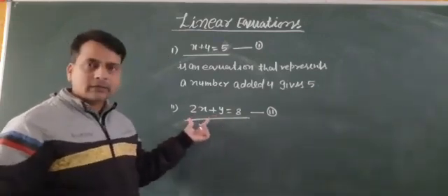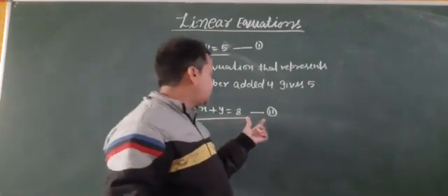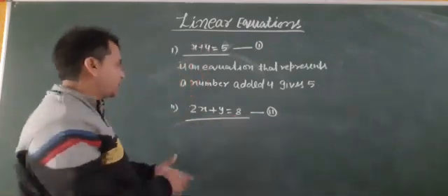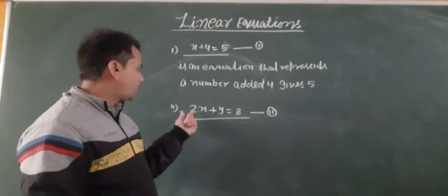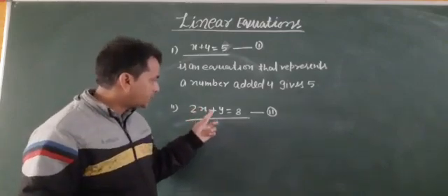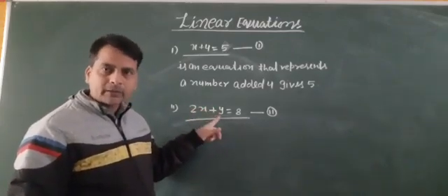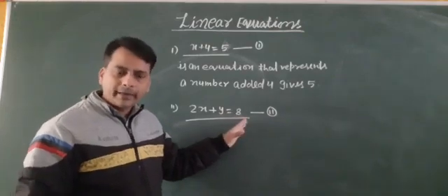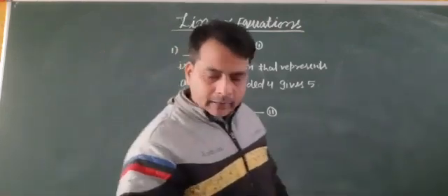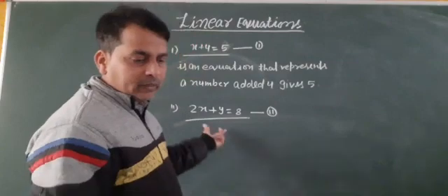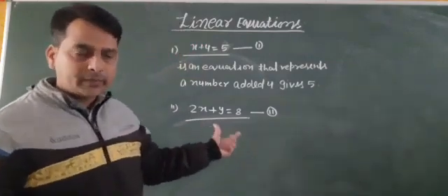This statement represents a linear equation in two variables. So here twice a number added to another number gives a result. This equation is called a linear equation in two variables.